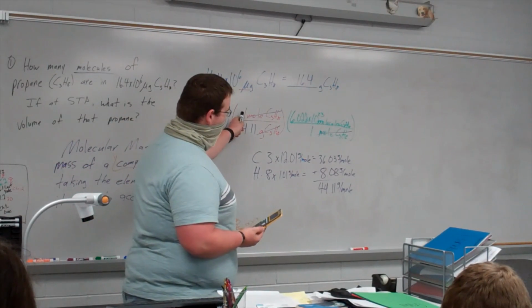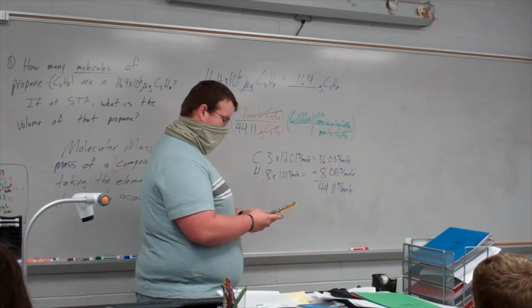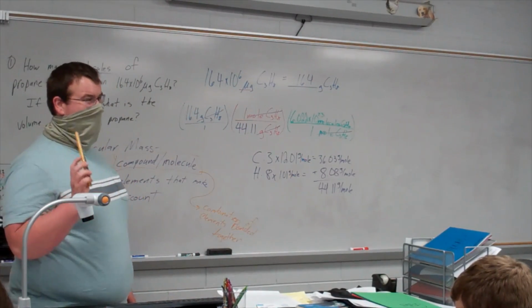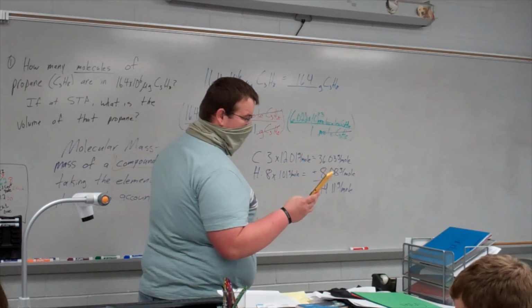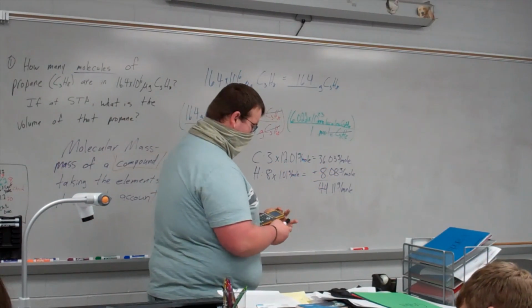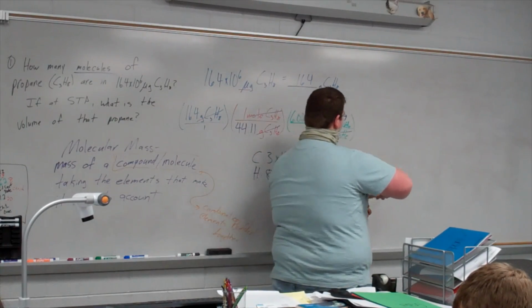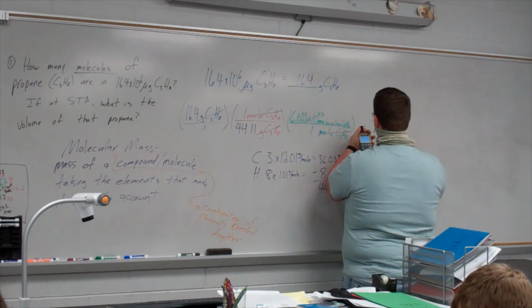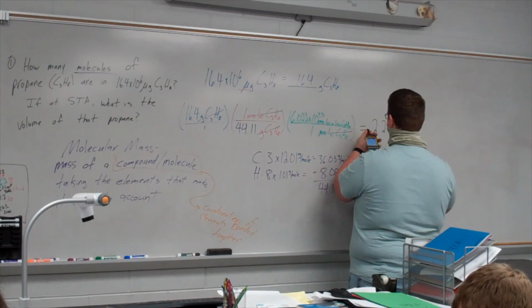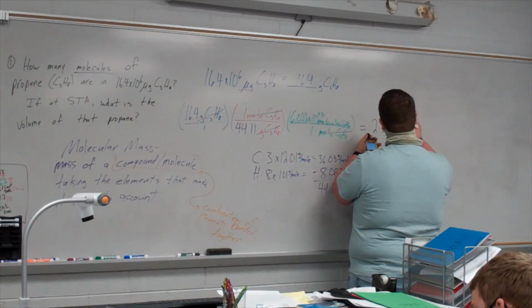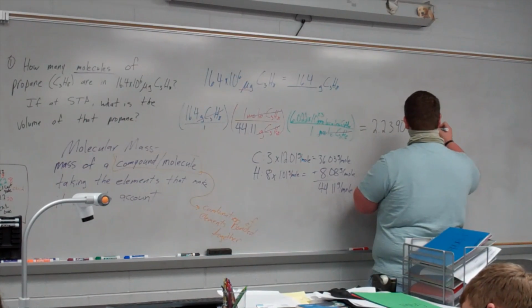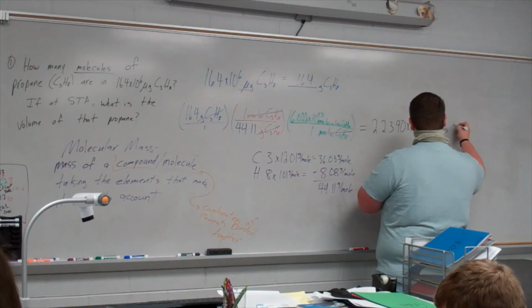So that number is sitting here now, and I'll multiply that by 6.022, second function, comma, to get me the E to the 23rd power, and I end up with 2.2390 times 10 to the 23rd molecules of propane.